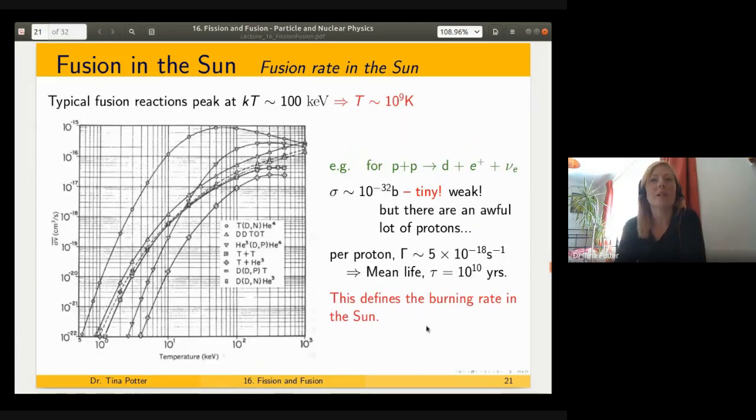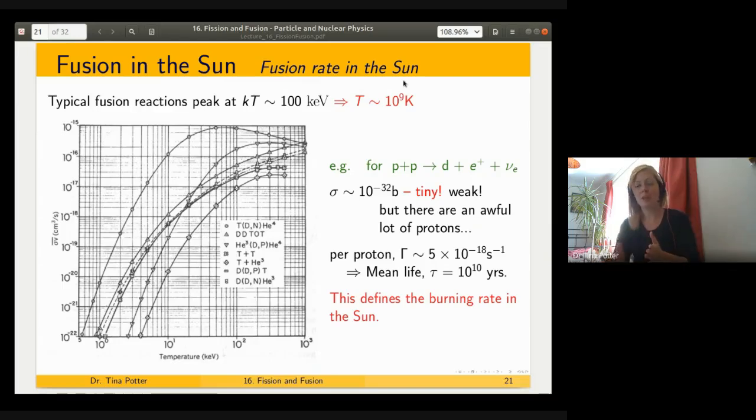Now, what we find is that our fusion reaction rates peak at around 100 keV here, for all of these different fusions that we could consider. They peak at about 100 keV, not the 1 MeV that we saw that we need to classically overcome that Coulomb barrier. And this is a temperature of around 10 to the 9 Kelvin.